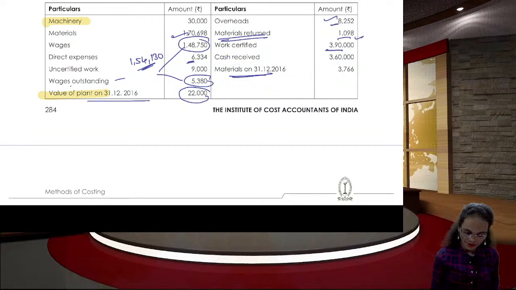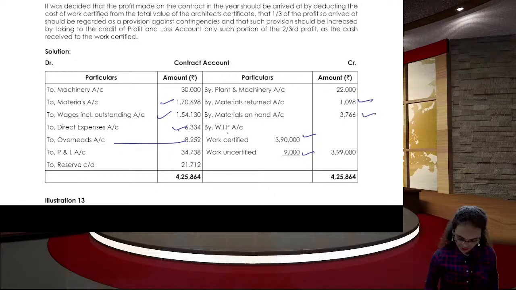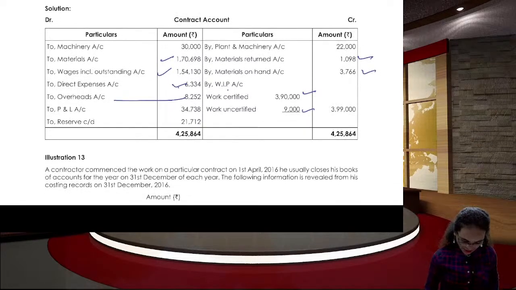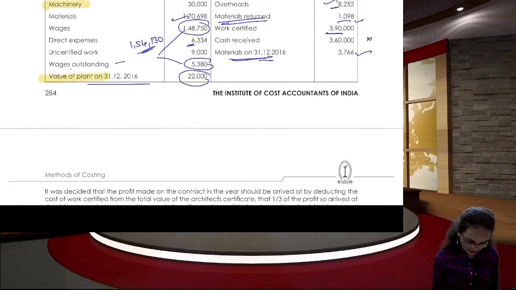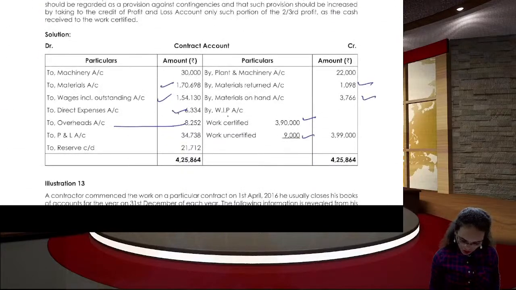Always remember, we will not write cash received information. Material as on 31st December, that is nothing but the closing one, 3,766. So everything we got, only the depreciation and machinery information we didn't get. So what is the machinery? The machinery is 30,000 rupees. Okay, 30,000 rupees machinery we got.